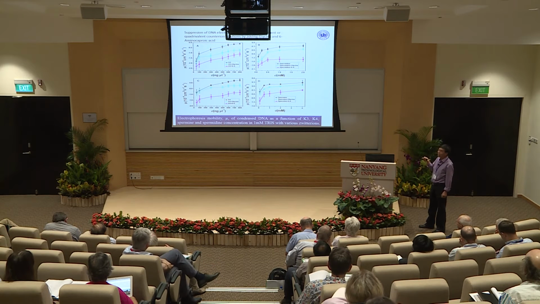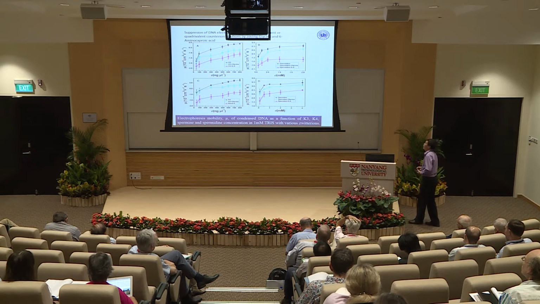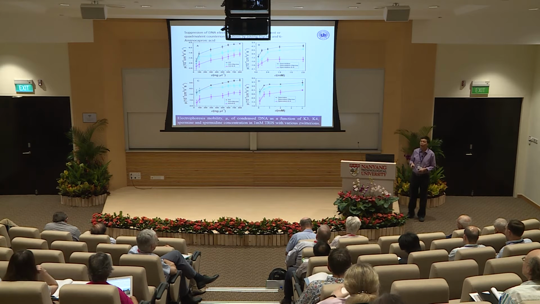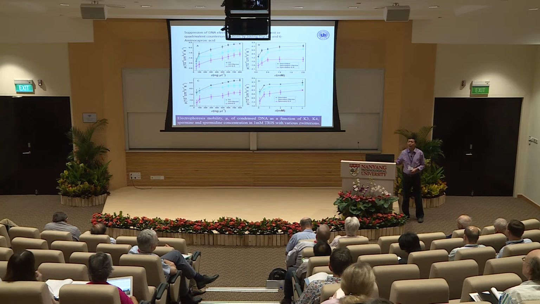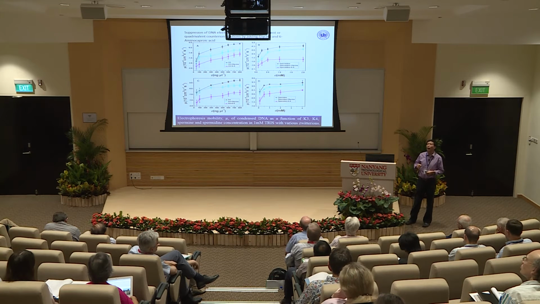The same thing happens for K3, spermidine and spermine. So here we show we can moderate the electrophoretic mobility of DNA in the positive direction or negative direction. I mean, in 2 ways.